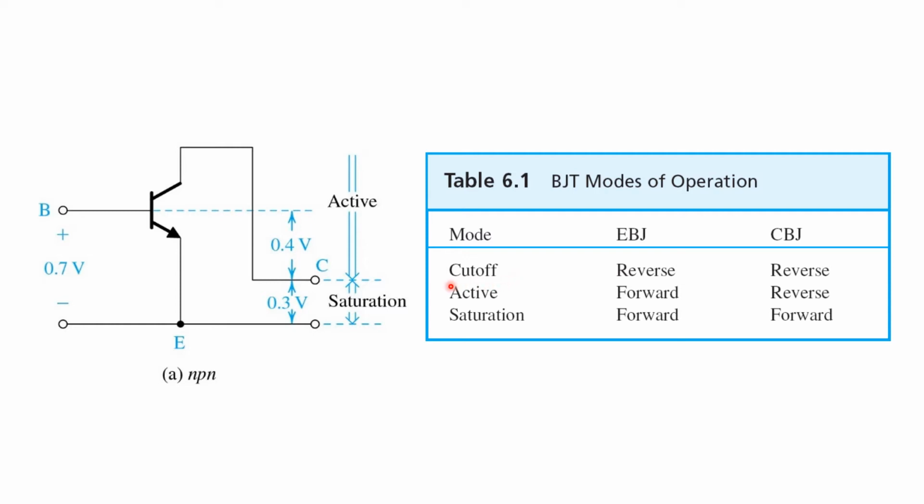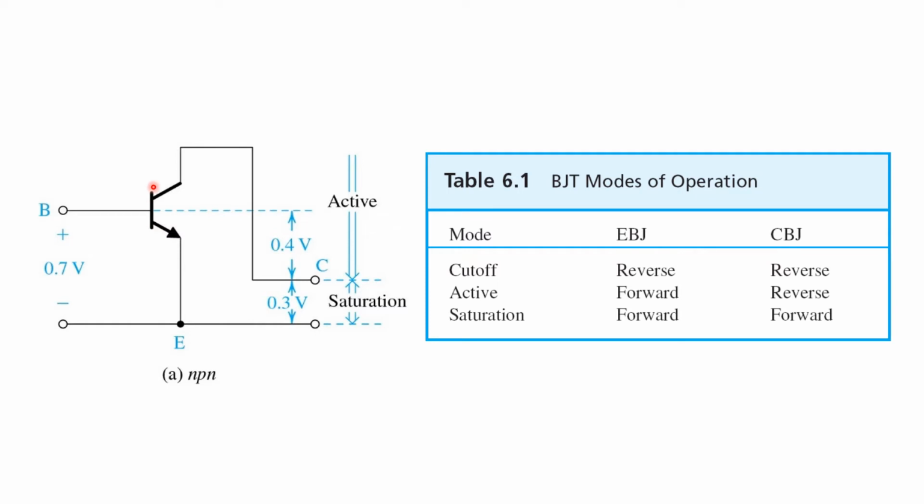The second mode of operation we talked about is active mode operation. In this mode, the emitter base junction is forward biased. So that requires a forward voltage drop in the NPN transistor from base to emitter of approximately 0.7 volts for a silicon BJT. Also in active mode, we require a reverse bias for the collector base junction, or at least, let's say, a neutral bias.